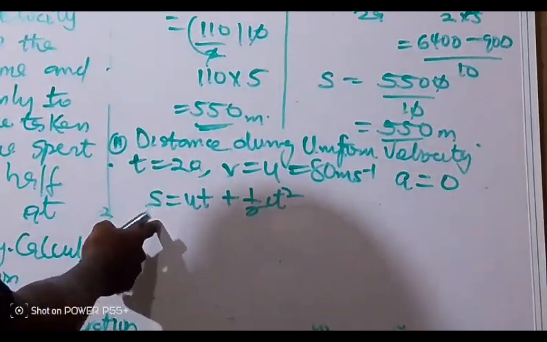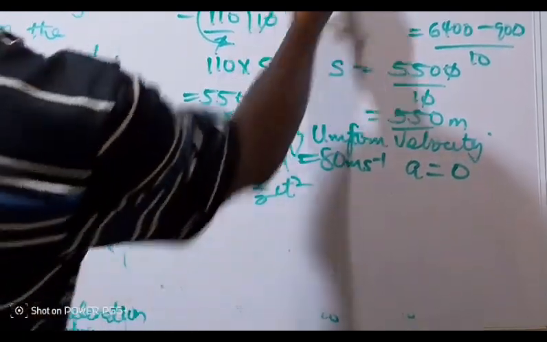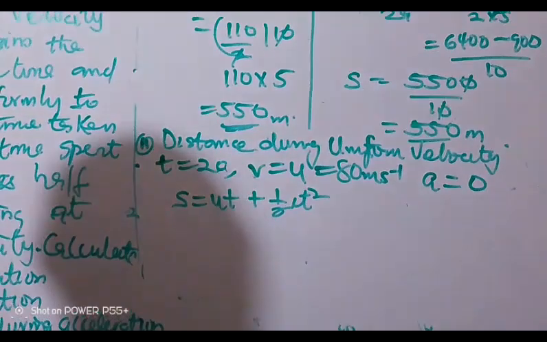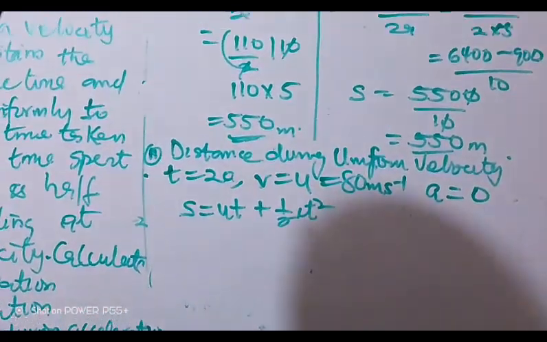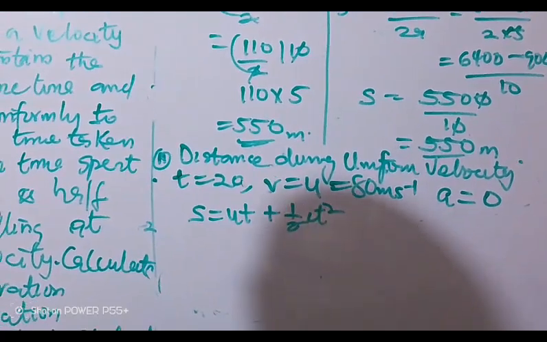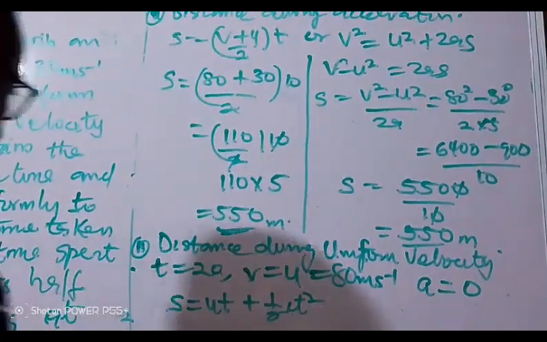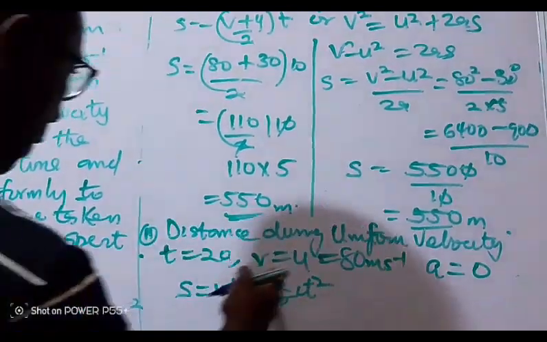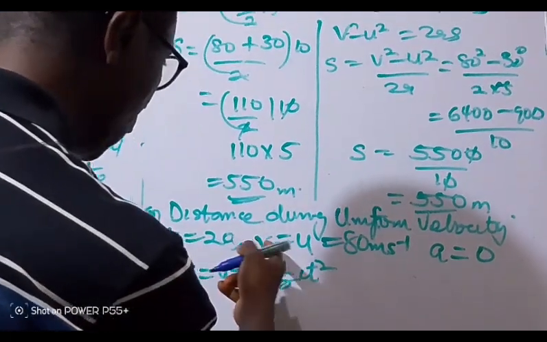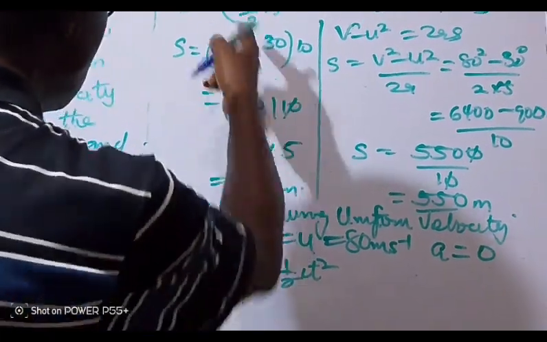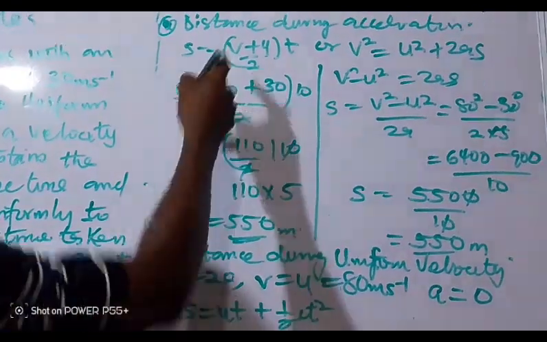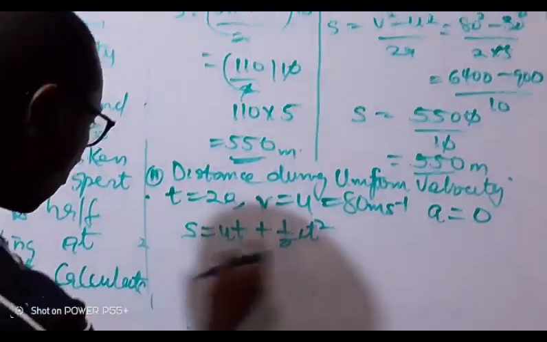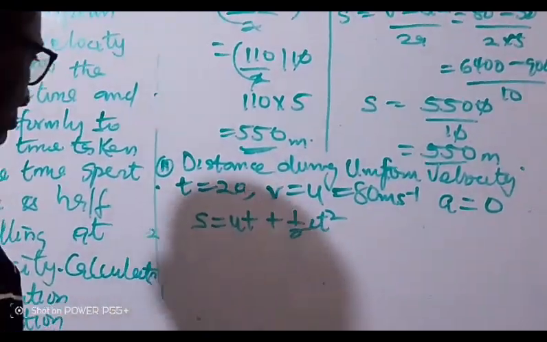Time is known here, so this one is not usable. Try this one, this one also cannot solve it, because we don't know the final velocity, so V cannot be equal to U. So the only one that is applicable is S is equal to UT plus half AT squared.